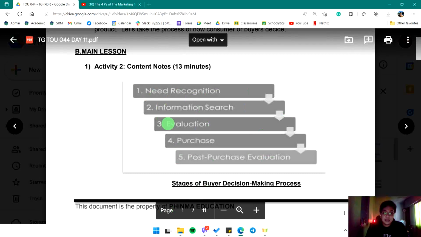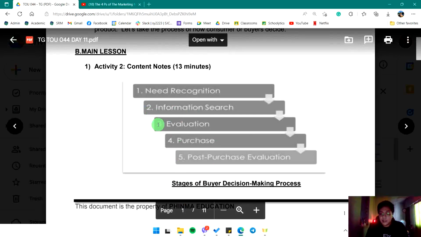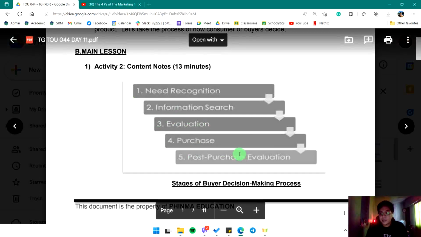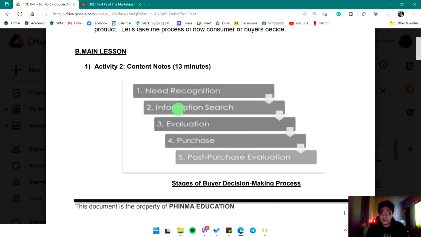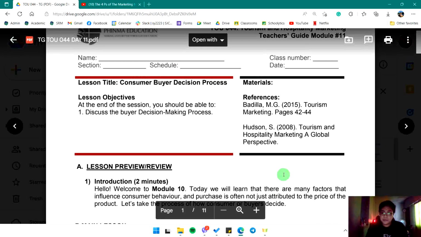So this is in the perspective of the consumers. Tayo as consumers. Hindi ito perspective ng buyer, hindi ito perspective ng businesses, hindi din ito perspective ng kahit anong establishments. This is the perspective of the consumers and how they decide on what product to buy.